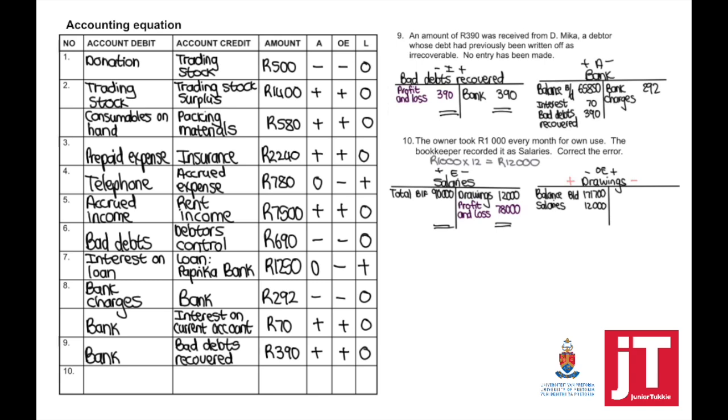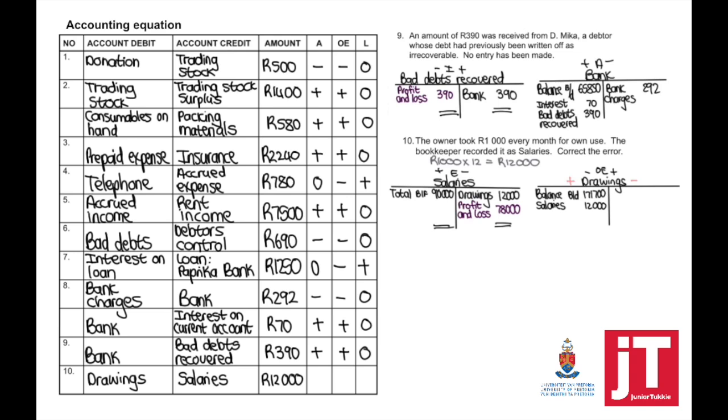Then the last one, number 10, salaries and drawings. Drawings, the owner took for personal use. We needed to correct this mistake because it was incorrectly added to the salaries account. To correct that, we needed to credit salaries so that drawings can be debited.